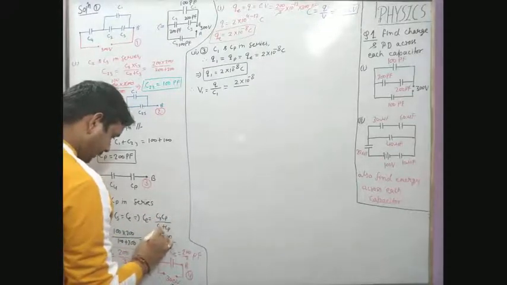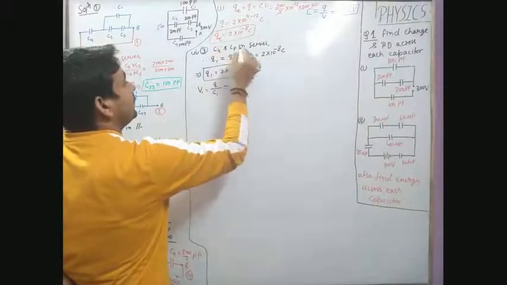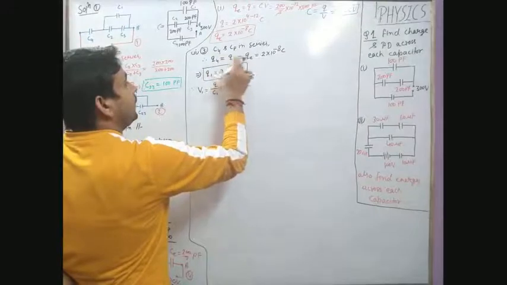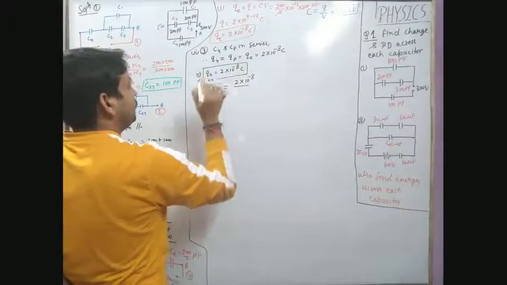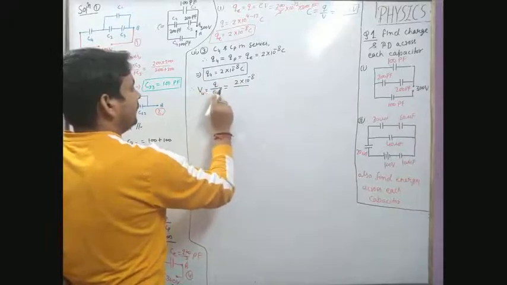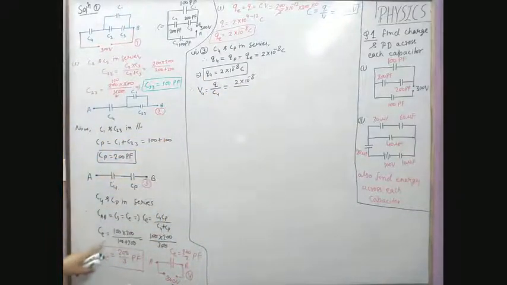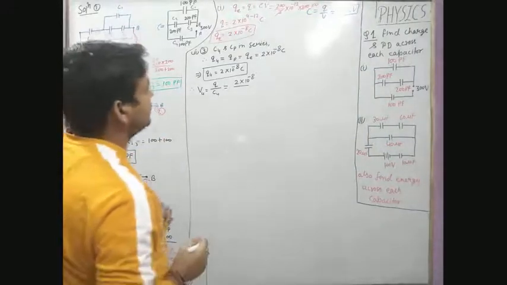Now this is C4, Q4, and this is V4. Therefore the voltage across C4... sorry, we have just taken here, in place of C4 it is C1.